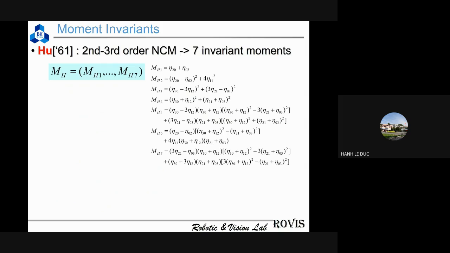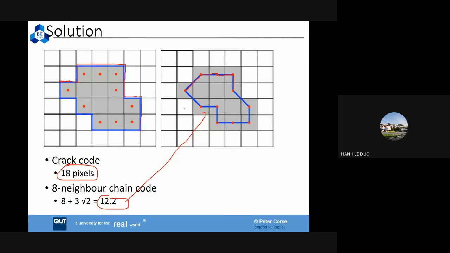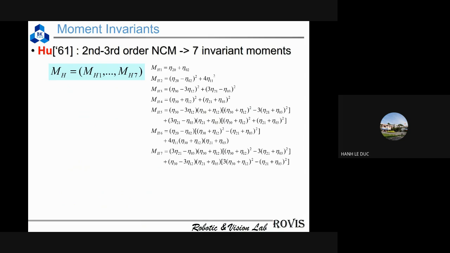Previously I already introduced to you how to calculate the M0, the moment of the image. This is calculated manually, by hand. So in OpenCV, they provide you a function called cv moments. In the function, they will calculate everything for you.